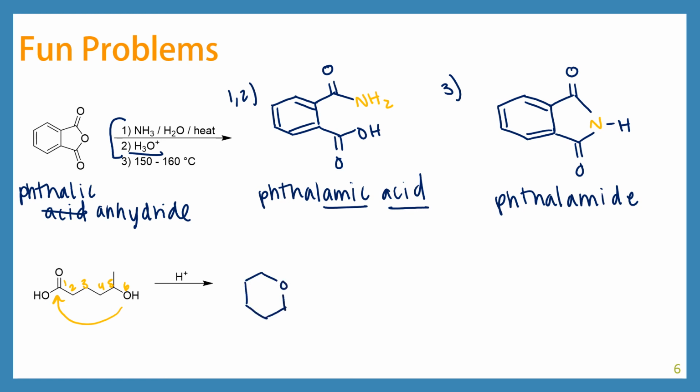So we can go through and do some numbering to figure out where everything else needs to go. We're going to have a carbonyl on carbon 1, and then we also need to have a methyl group on carbon 5. Now this is a cyclic ester, which has a cool functional group name, lactone. And we'll talk more about lactones in upcoming sections.